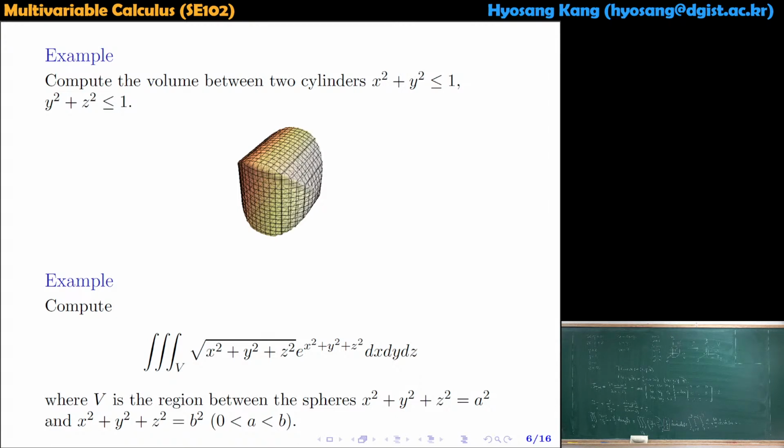So this picture represents the region bounded by these two cylinders. Think about a cylinder which is parallel to the z-axis, and then slice that cylinder with the cylinder parallel to the x-axis. That's how we get this picture. I want to find the volume inside that. How can I find that?